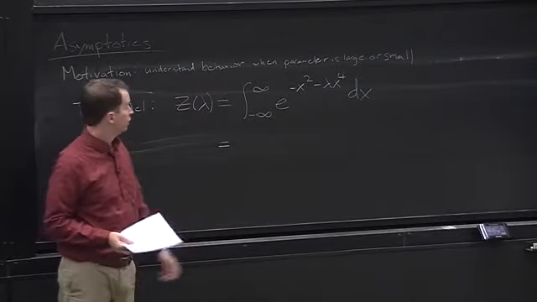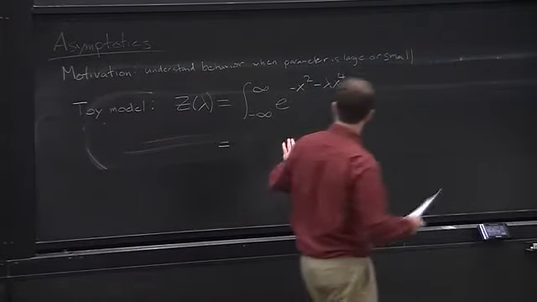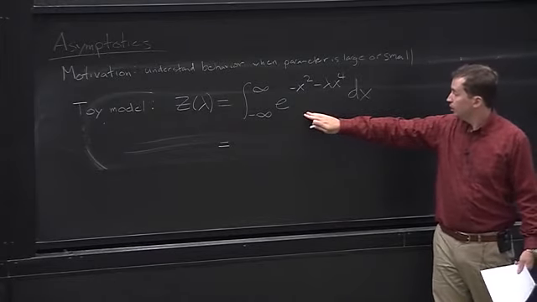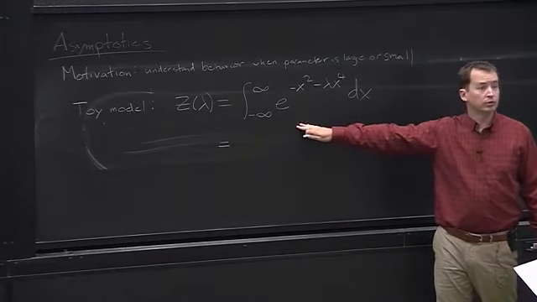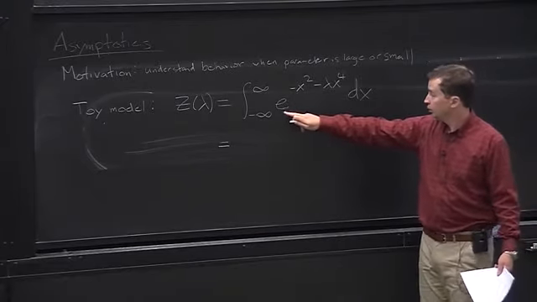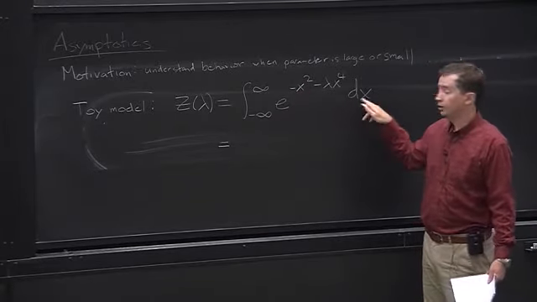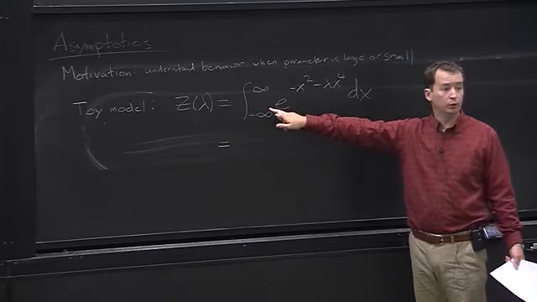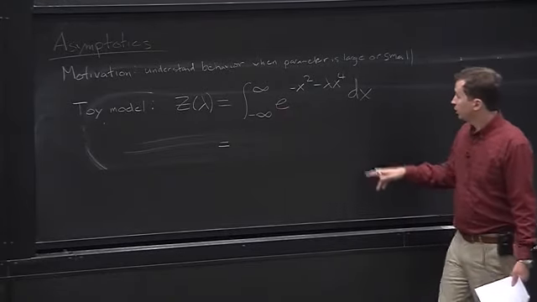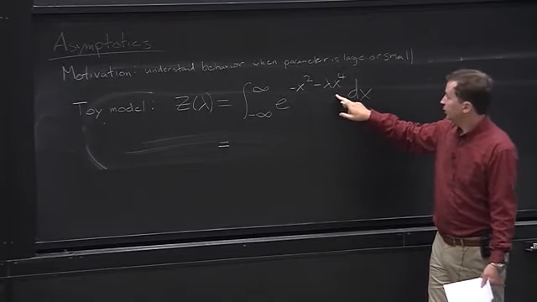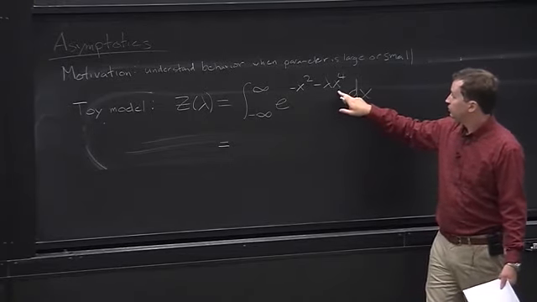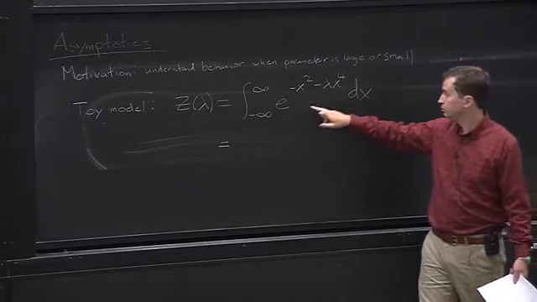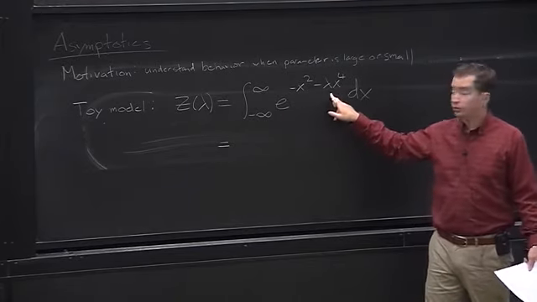In tutorial on Friday, I'll refresh your memories of how to do Gaussian integrals. The integral of e to the minus x squared dx is an integral you all know how to do, as well as if we have any polynomial in front of that. This quartic term in the exponent, a priori we don't know how to do.